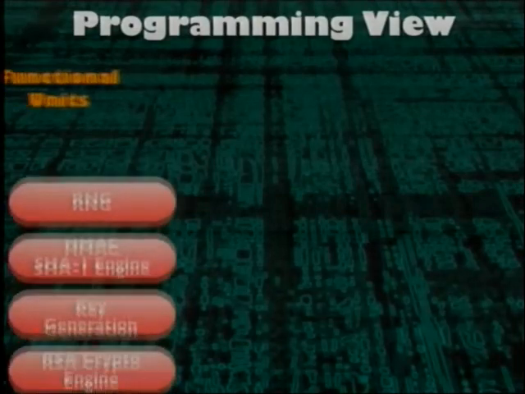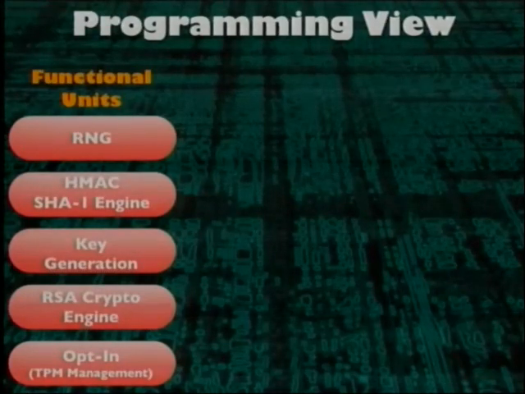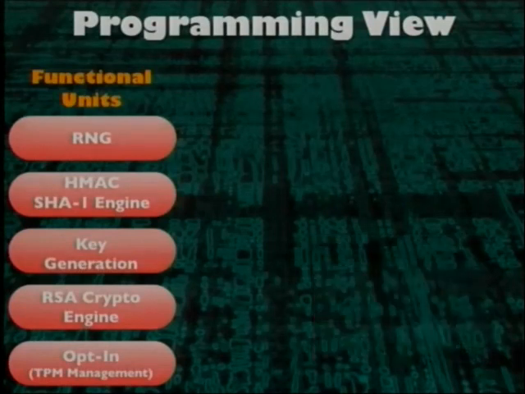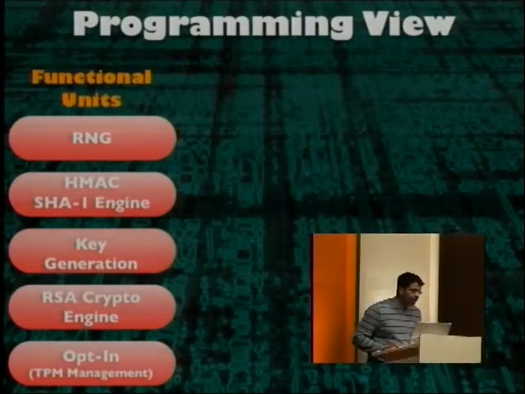But that was an internal view. From a programming standpoint, what can you do with it? If you're a programmer who wants to access this, you can use the functional units to do some kind of signatures. You can get really nice random numbers. You can get monotonic counters.